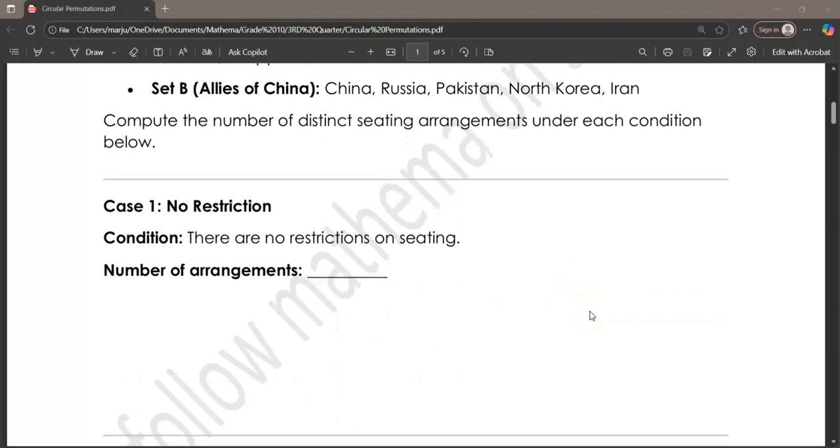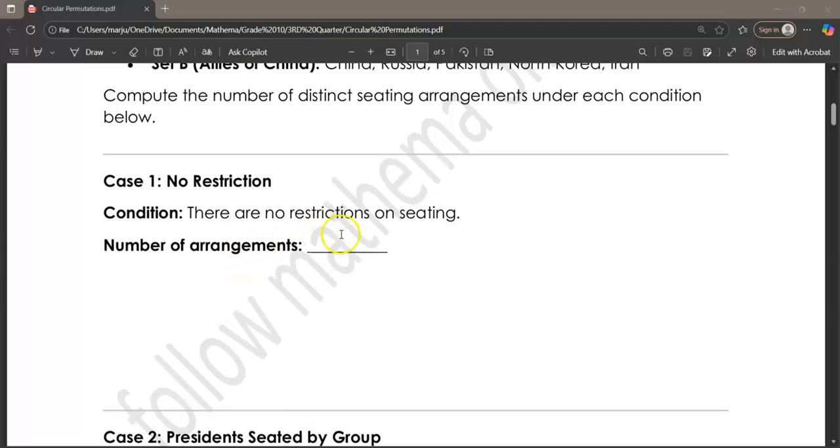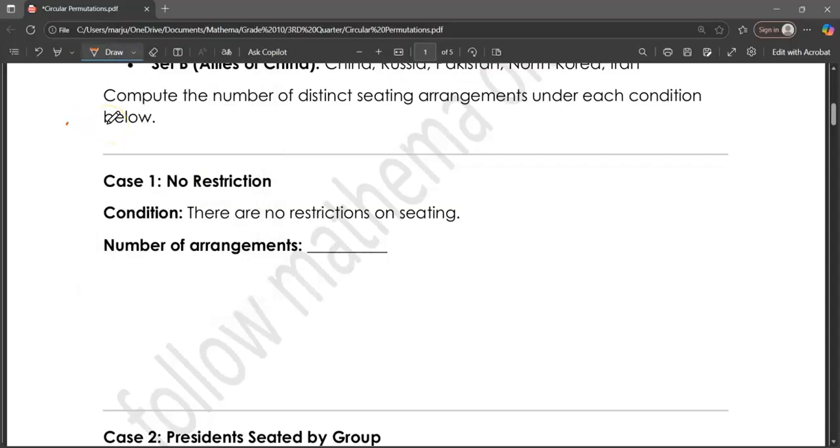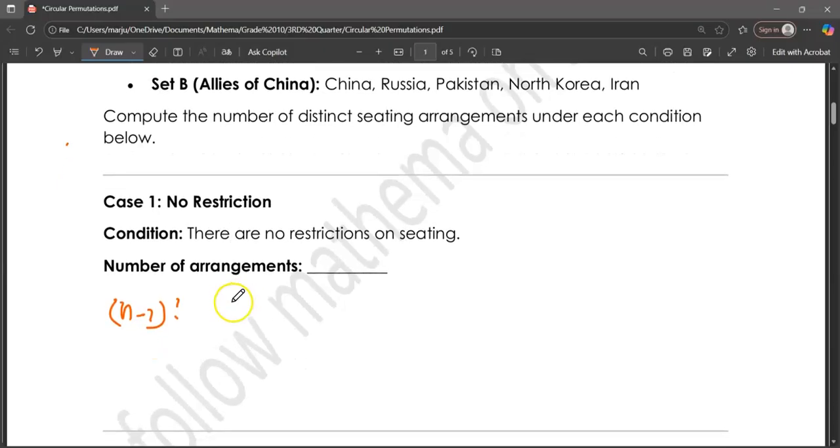So we have case 1. There are no restrictions on seating. So this is a circular table. When we talk about circular permutation, you're just going to make use of the formula n minus 1 factorial. Since we have 10 diplomats, this is now 10 minus 1 factorial. This gives us 9 factorial.